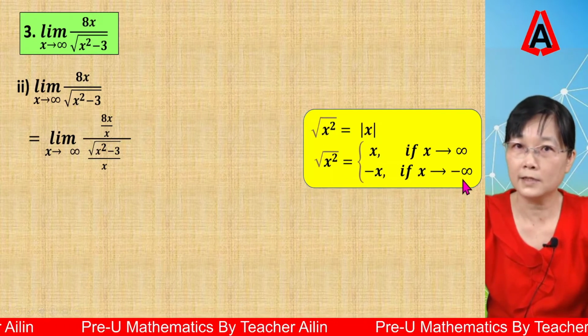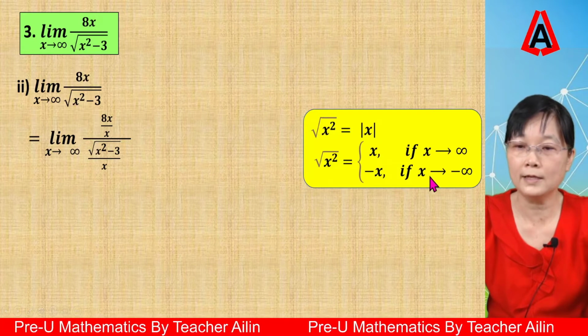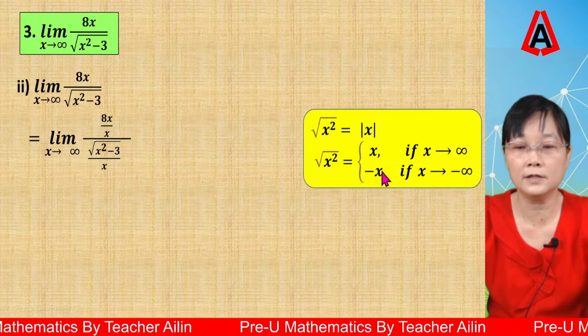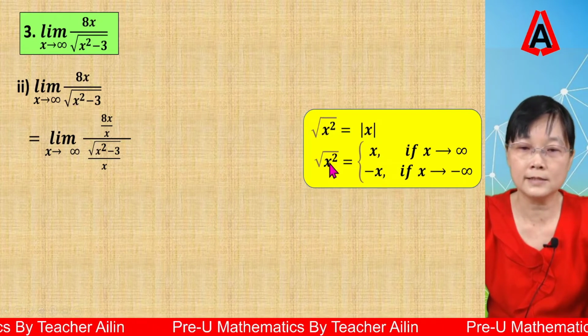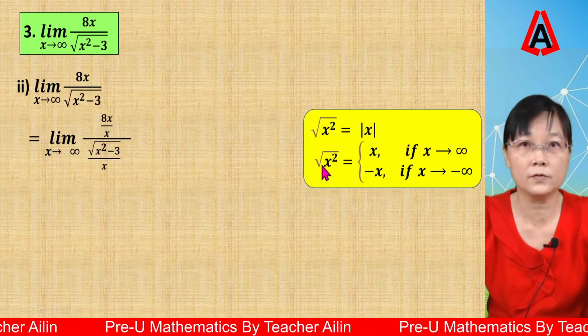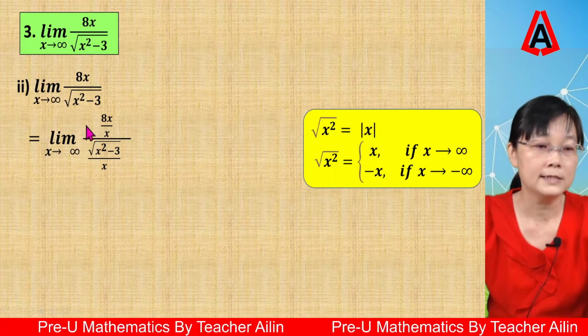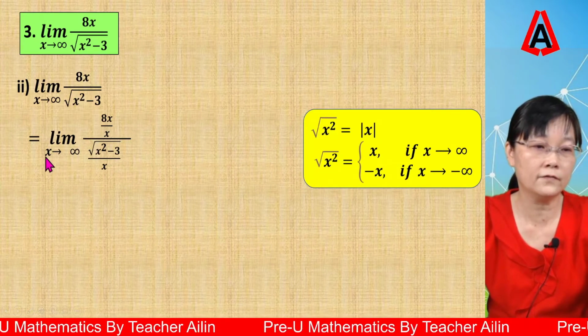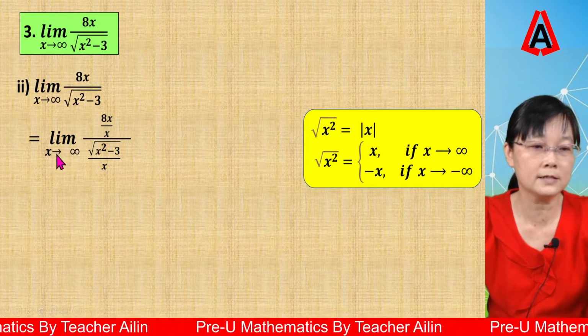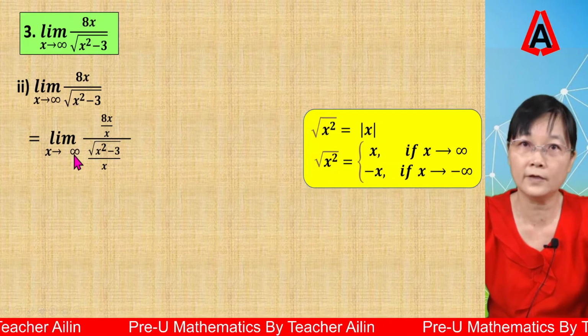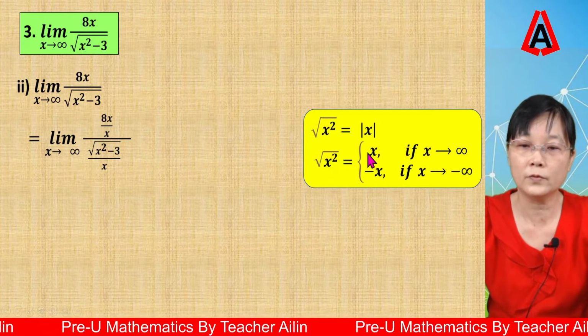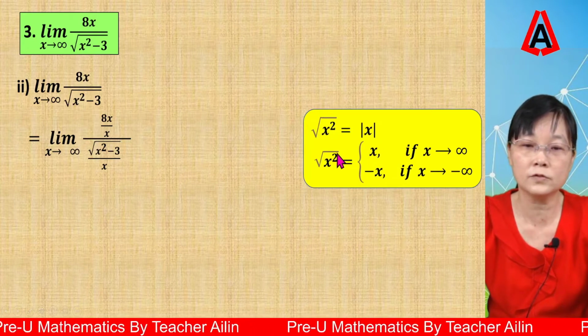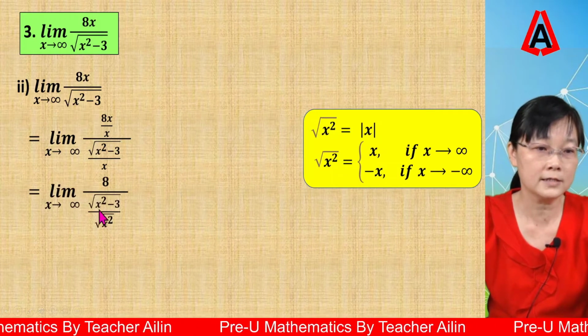If x is negative, when x approaches negative infinity, x is equal to the negative square root of x power 2. Since in this question we are going to find the limit as x approaches positive infinity, x is equal to the square root of x power 2.